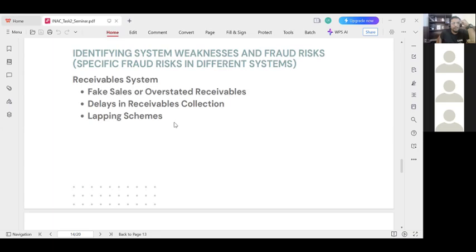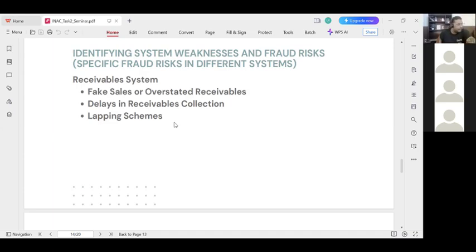So if you're showing certain receivables in your balance sheet, like if there is a person who has not paid for the previous 120 days, there is a possibility that they might not be paying you, ever. And if you're still showing it in the financial statement, you are overstating your assets, and you cannot do that.